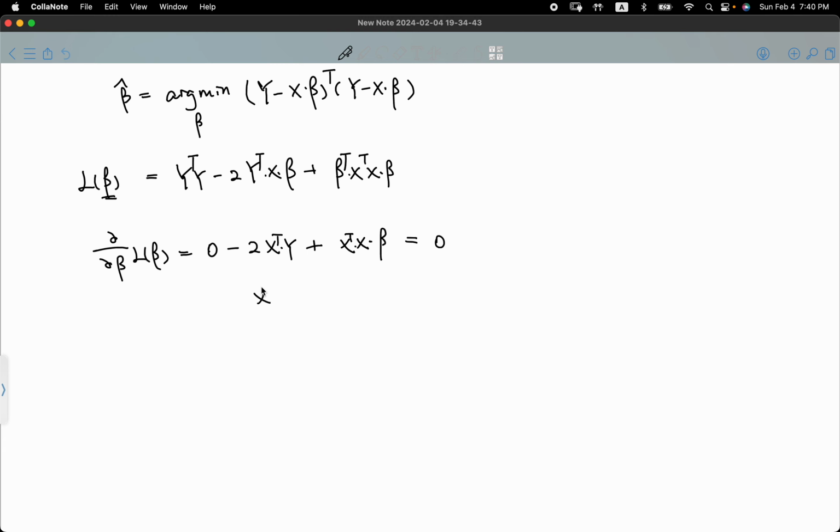So X transpose y equals X transpose X multiplied by beta. Our beta hat is equal to X transpose X inverse, left multiplied here, times X transpose y. We have our closed form solution for our beta hat that is obtained by minimizing this objective function.